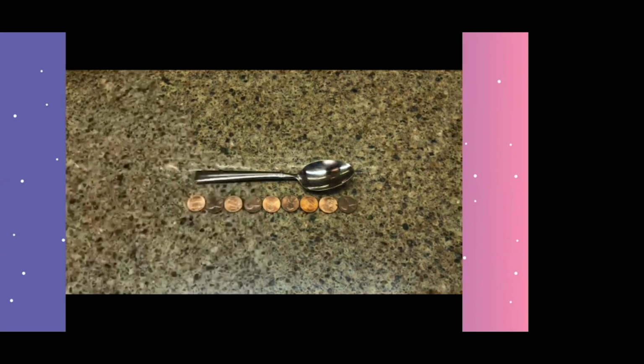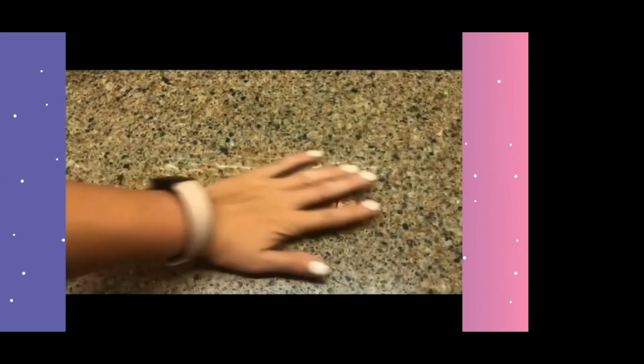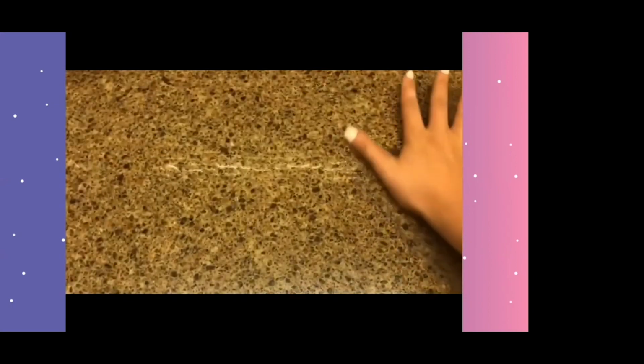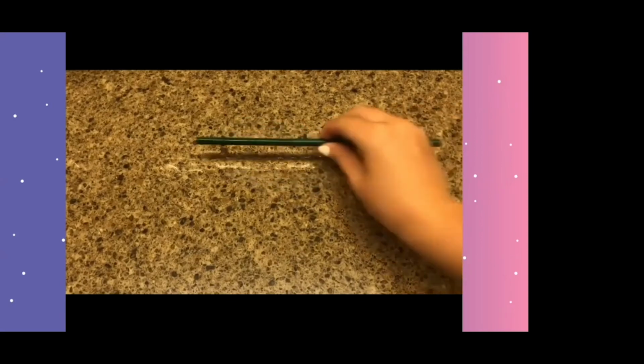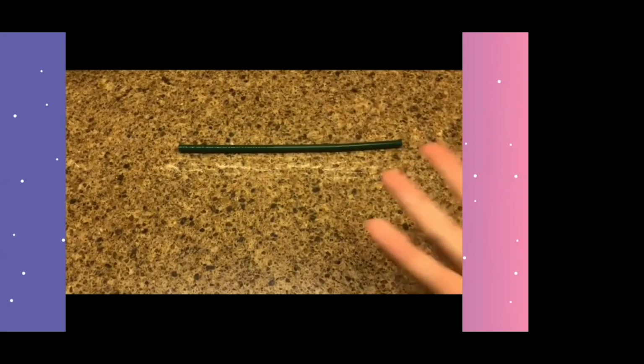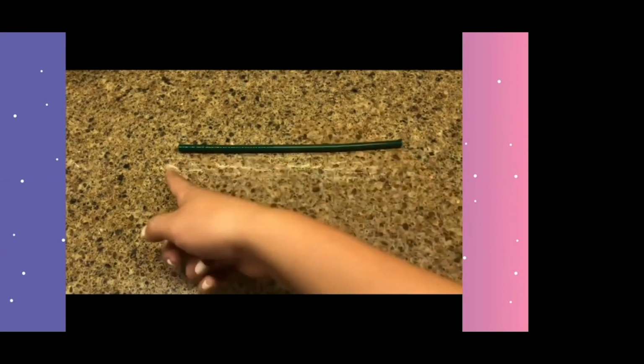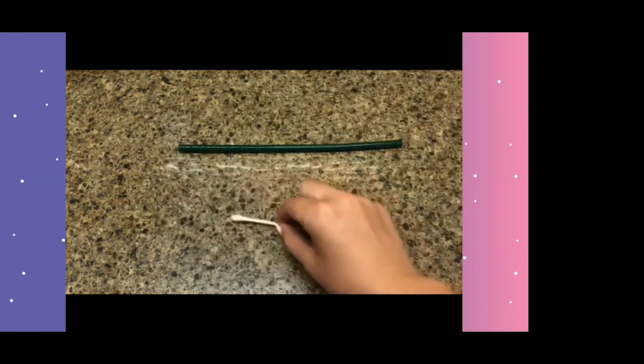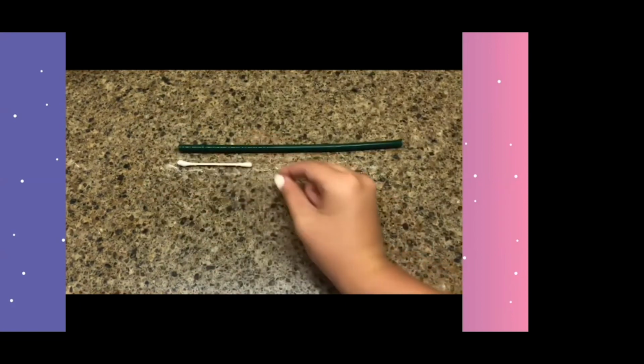Nice job, guys. All right, so we got one more. Make sure you're writing down these answers so you remember for later. Let's clear everything off. And the last one we got for you is a straw. All right, so we're going to use our last manipulative, which was our Q-tips. We're going to measure endpoint to endpoint using that. So let's grab one and match it up perfectly from our first endpoint.